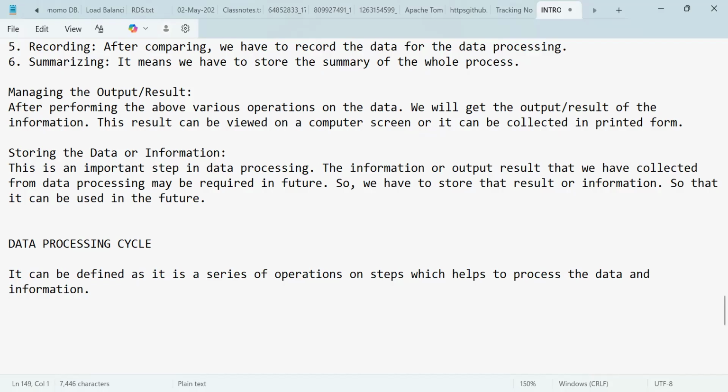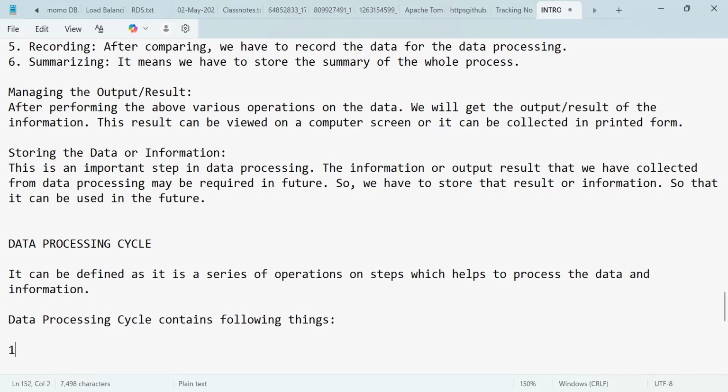Okay, and the next point is the data processing cycle contains different things, the following things. What are those?